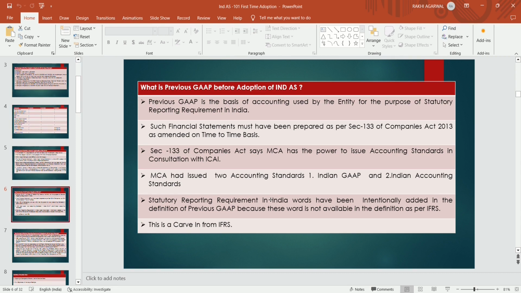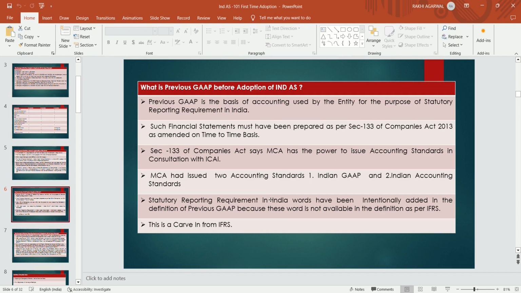Statutory reporting requirement means the Ministry of Corporate Affairs, which prepares these accounting standards as per section 133 of the Companies Act 2013. So such financial statements must be prepared as per section 133 of the Companies Act 2013 as amended from time to time.